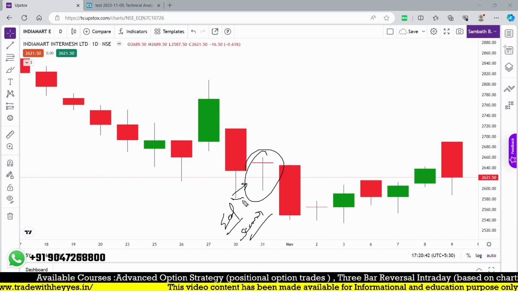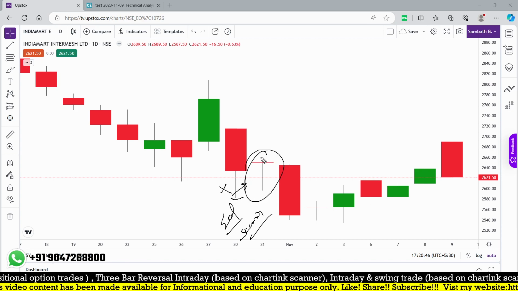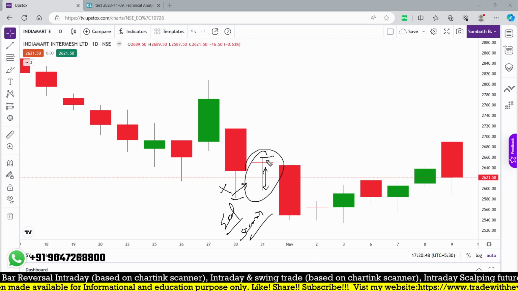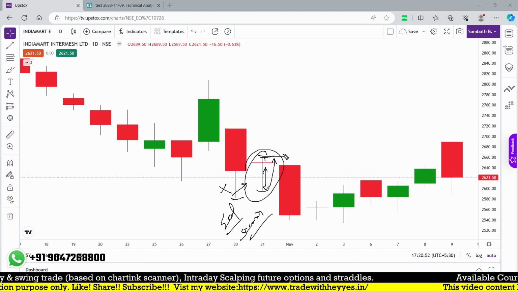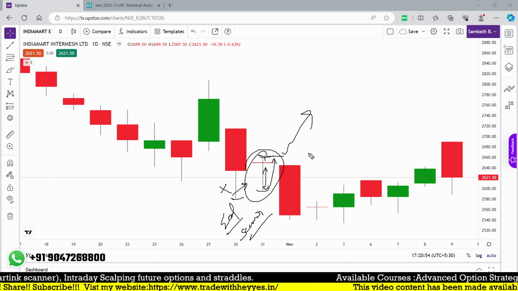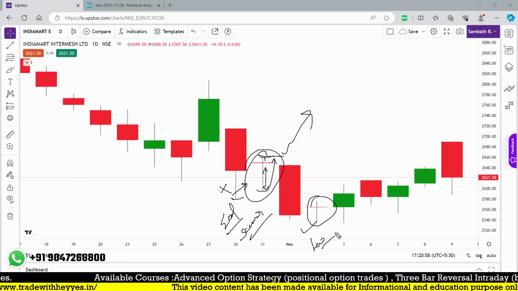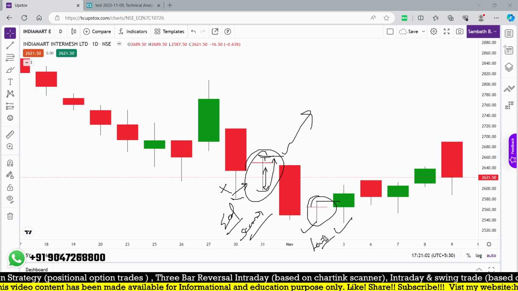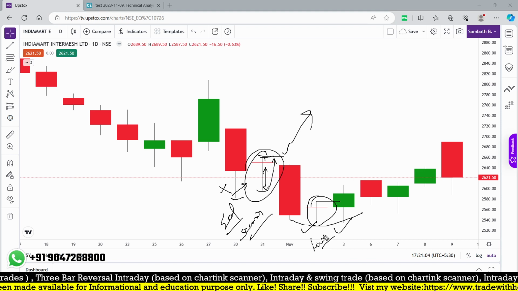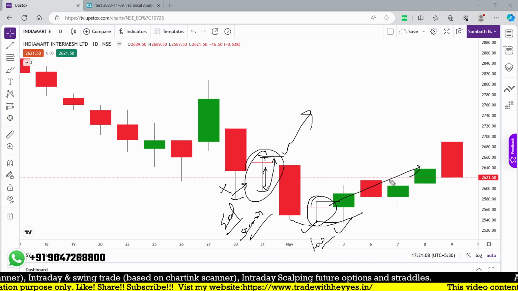But the previous lows were less than this one, so maybe it is not filtered by our scanner. But you can look at this: the lower wick is comparatively higher, so it made a low with a huge rejection. If it breaks, we can expect a move to the higher side. Same as what is happening here, but here the low condition is satisfied, so it will be shown in our scanner. Here is the high which you are looking for, and the recent low we can keep as a stop, and after this breakout it can give you some swing.